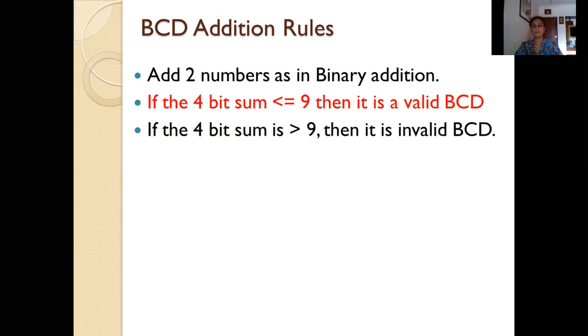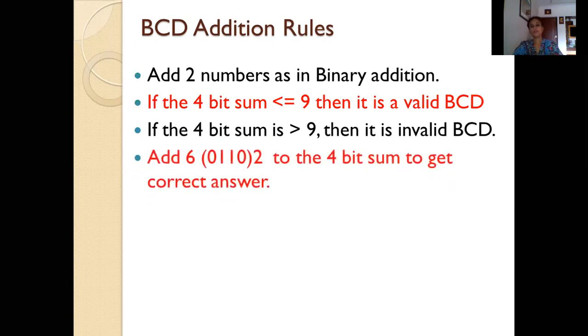Then what is the second? If the 4-bit sum exceeds 9, meaning it is more than 9, then it is an invalid BCD. For example, if it comes out to be 1010, that is not a valid BCD for us. So if we add 5 plus 5 in binary, you may get 1010, but it is not a valid BCD, so that is an invalid BCD.